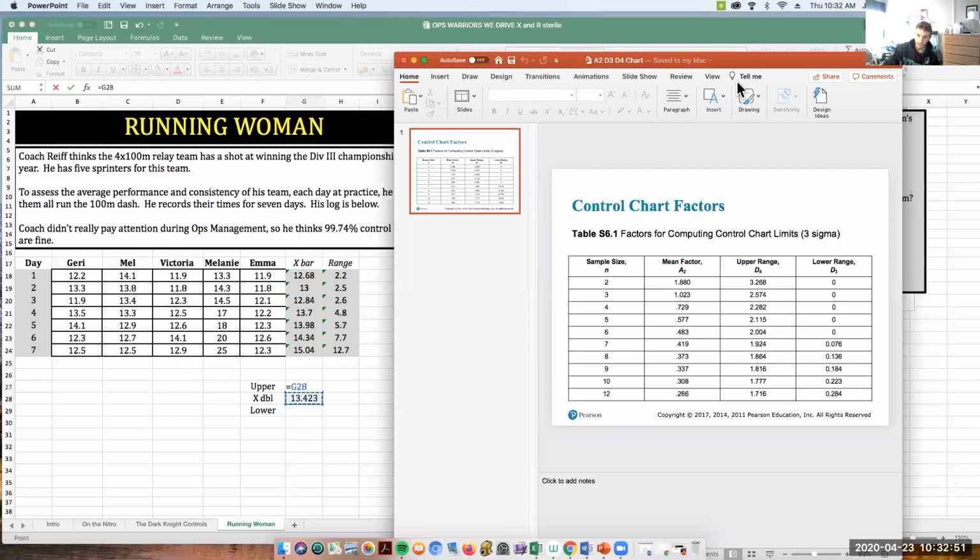Take your sample size, and from there you just go down the chart and find it. It looks like our sample size, if I'm counting correctly, is 5. So it's going to be 0.577.